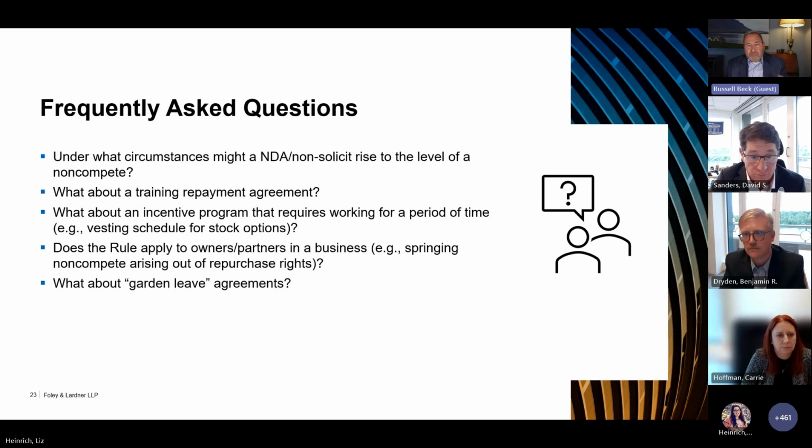What's interesting about the FTC is that they specifically said we're only focused on if the agreement restricts you from working for a particular competitor. We don't care if it imposes penalties on you just for leaving. So if you have forfeiture of stock, for example, that's tied to your departure, regardless of where you go, we don't care about that.